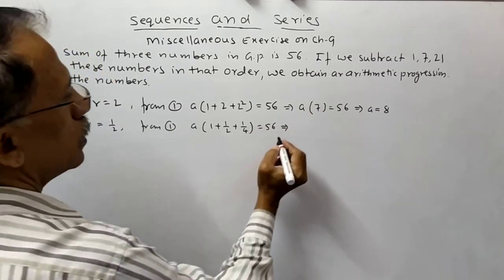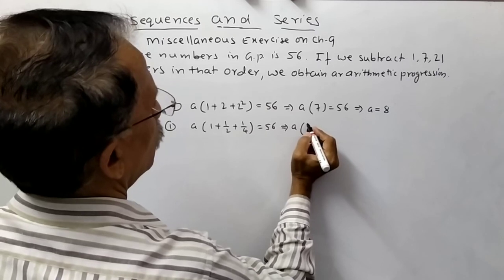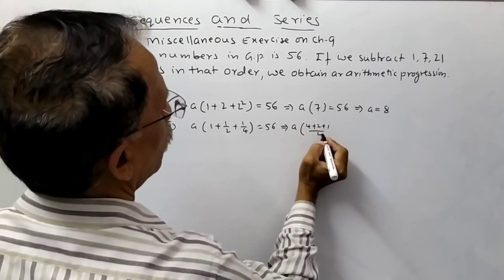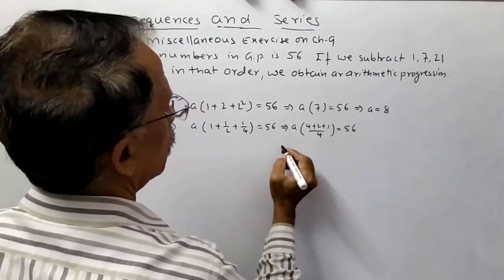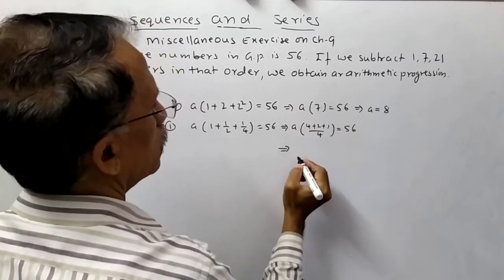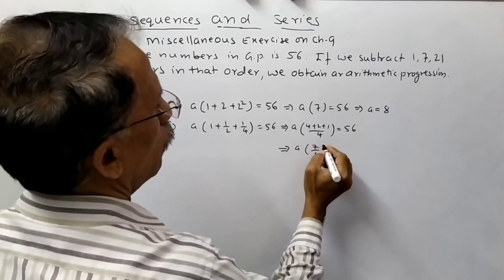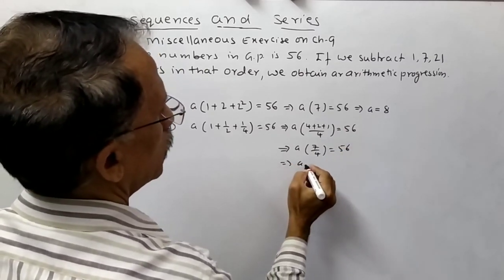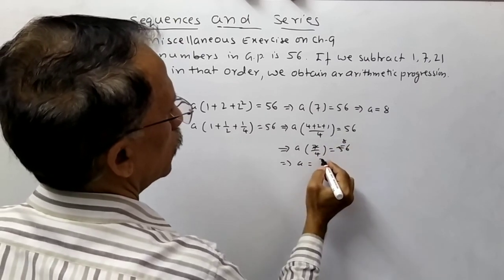This implies a into bracket 4 plus 2 plus 1 divided by 4 is equal to 56. This implies a into bracket 7 by 4 is equal to 56. This implies a is equal to 32.